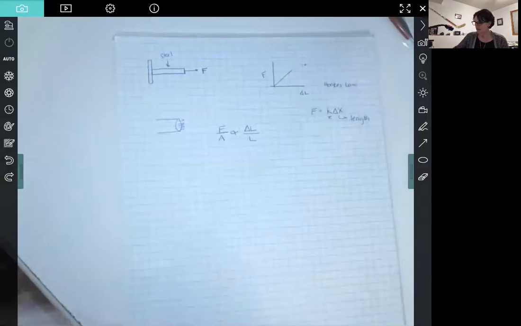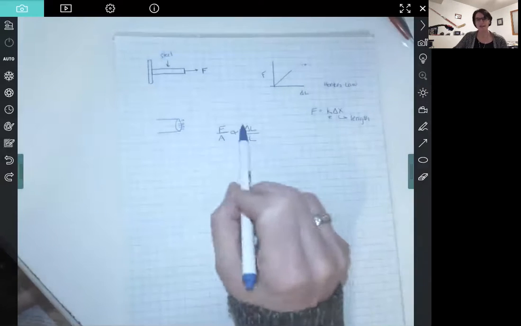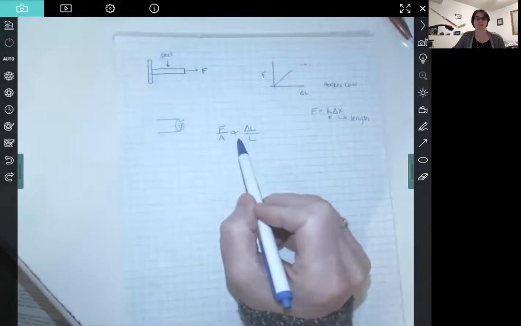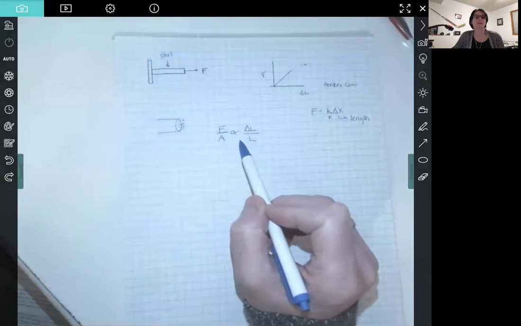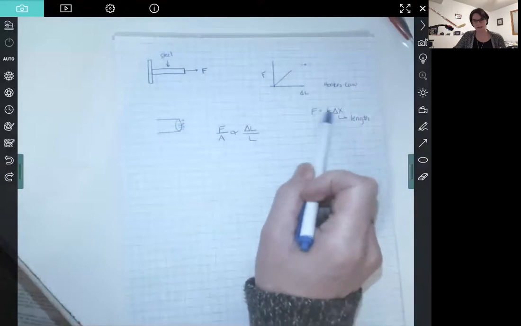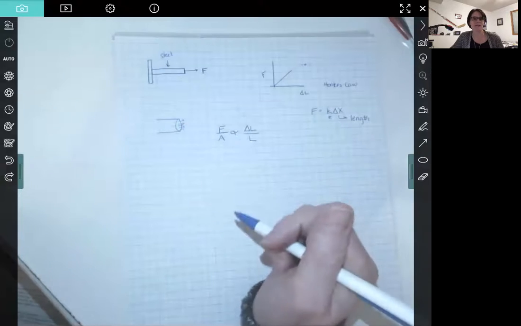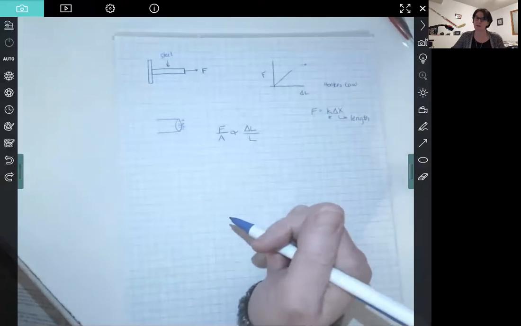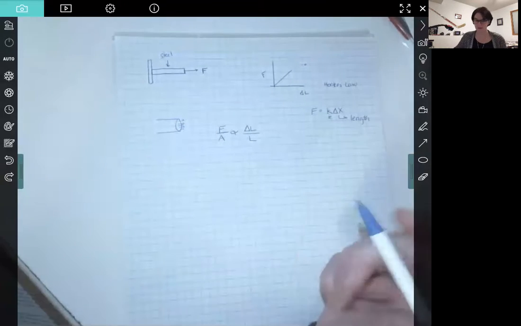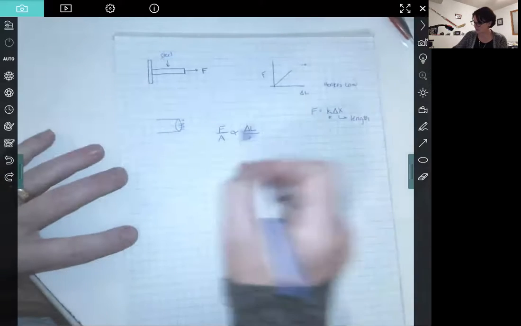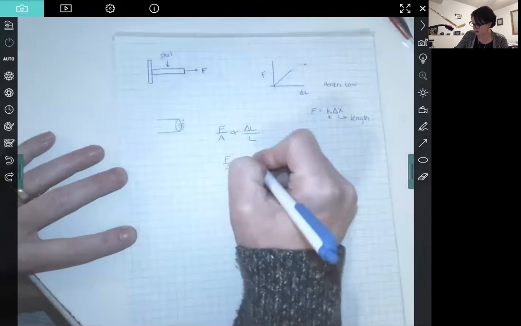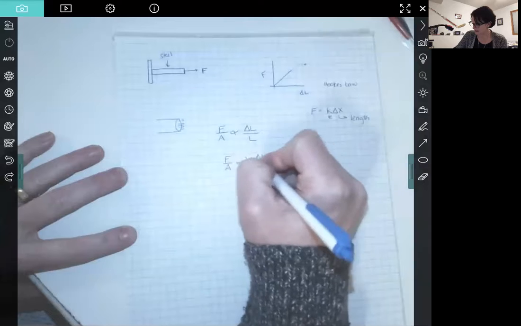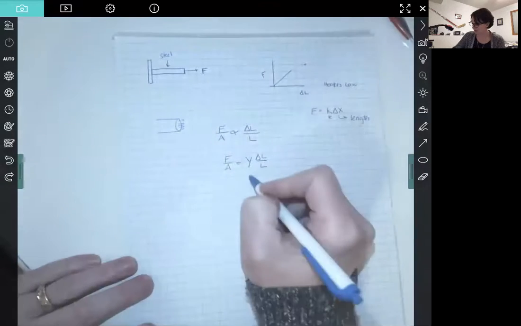Okay? Now, this proportionality has a proportionality constant related to the type of material that we're dealing with, in a way similar to k having that property. But remember, k is going to depend on a whole bunch of different things. So this proportionality constant is what is known as Young's modulus for a given material.